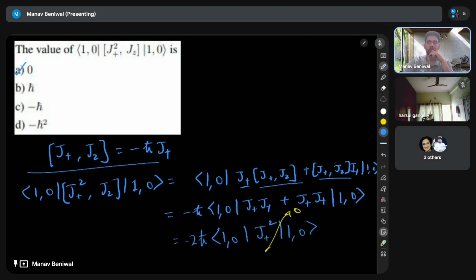That one I'm not sure. Okay, I'll include 1 or 2 questions for that next time. So the CG coefficients and the reducible, irreducible states.